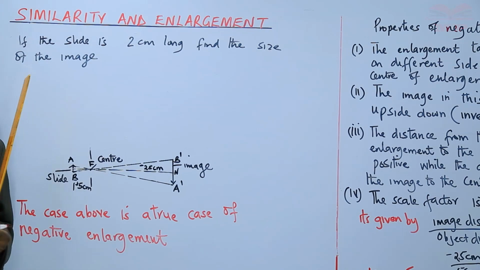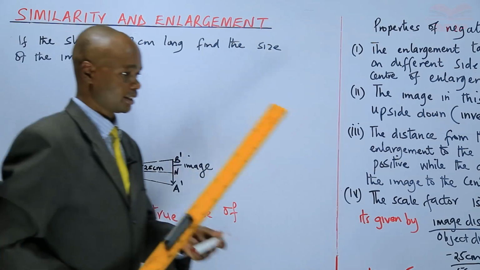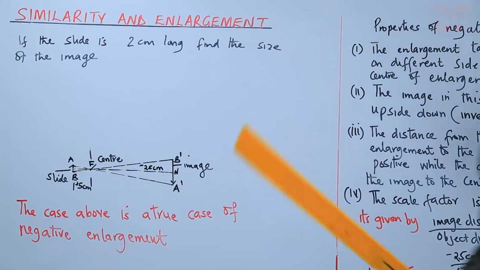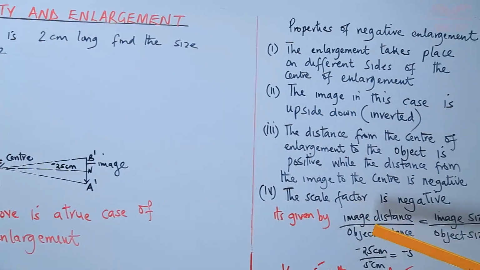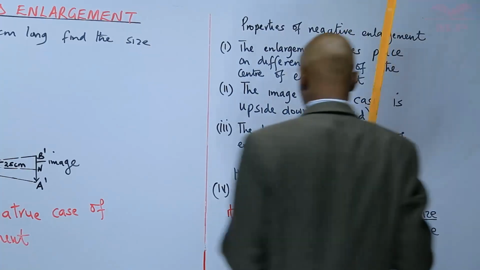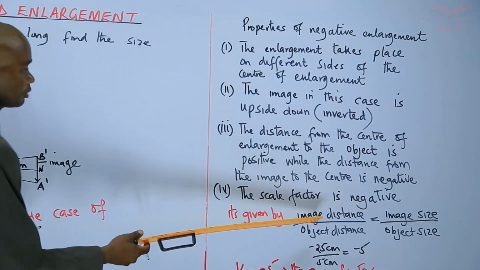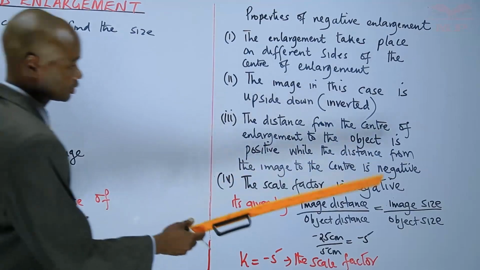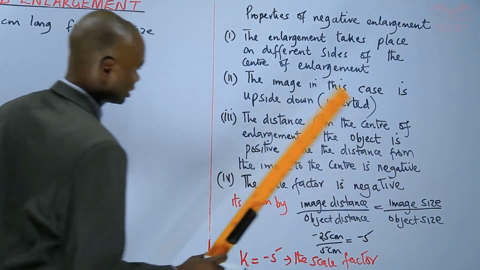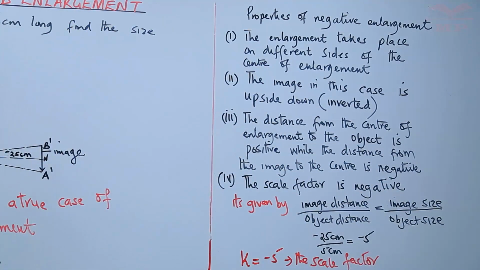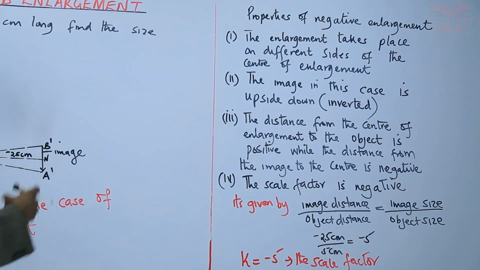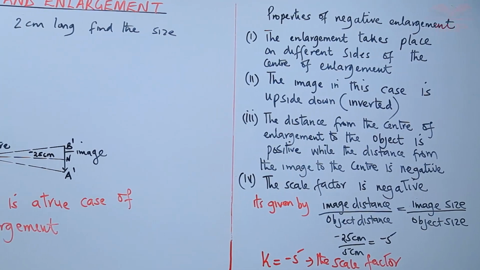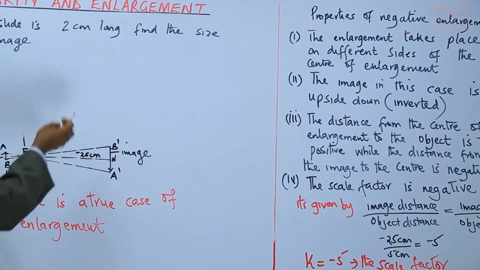All that will come from here. Once you know the relationship, the ratio of image distance divided by object distance should give you image size over object size.